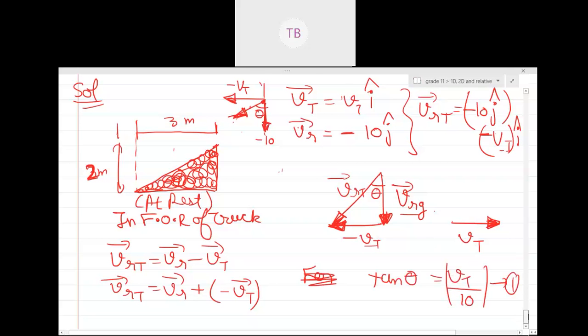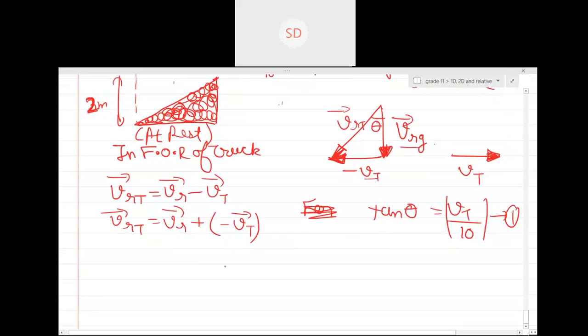This is your first equation. Now tell me this particular thing. जो रेन ड्रॉप्स हैं जो ऐसी आ रही हैं, और जो ट्रक है which is like this, was given as 2 meters and this was given as how much, 3 meters.